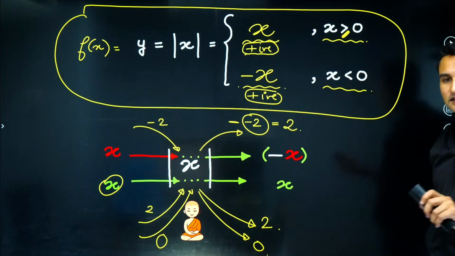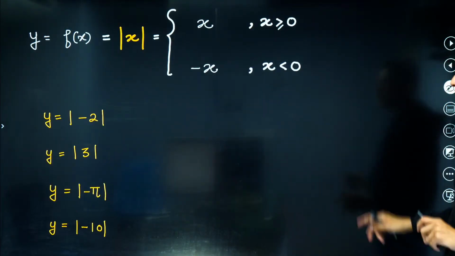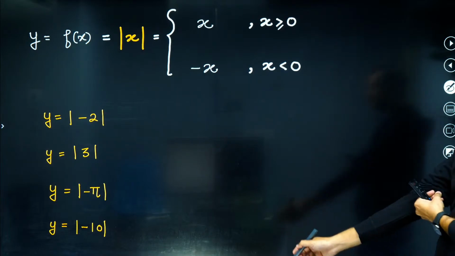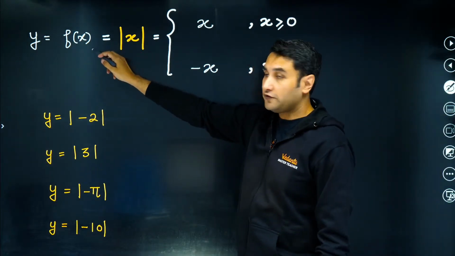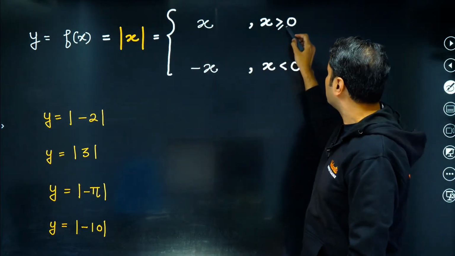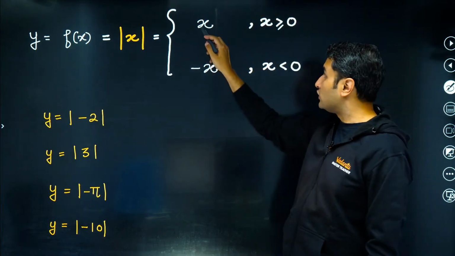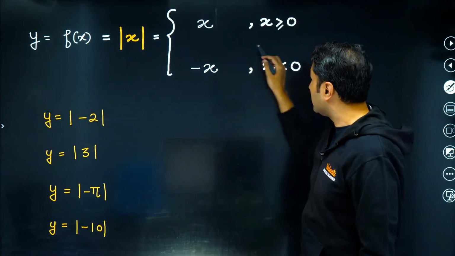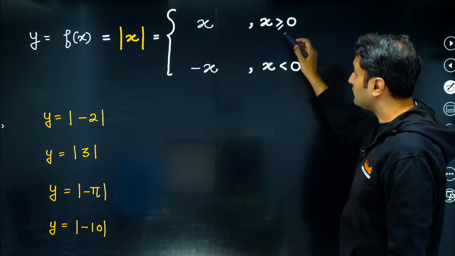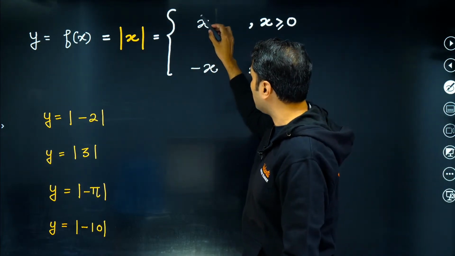Now, with this understanding, let us move ahead. Again, coming back to the same definition, y, which is a function of x, is mod x, which is defined like this. If the input is positive, this is the output.